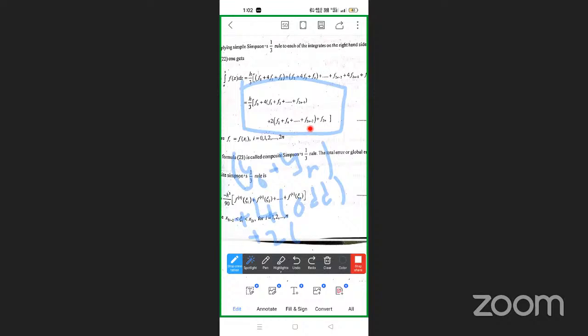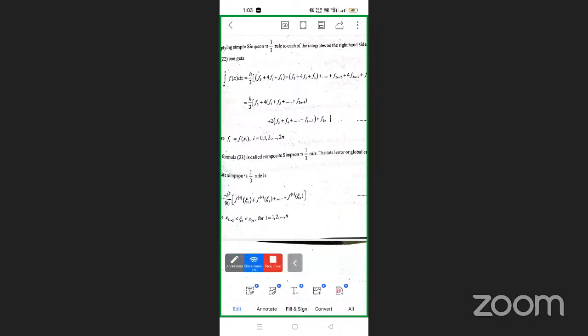So the formula is h by 3, first term plus last term, f0 plus f2n, plus 4 into odd terms plus 2 into even terms. This is Simpson's 1 by 3rd rule.